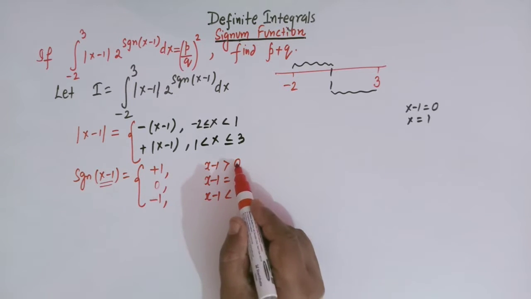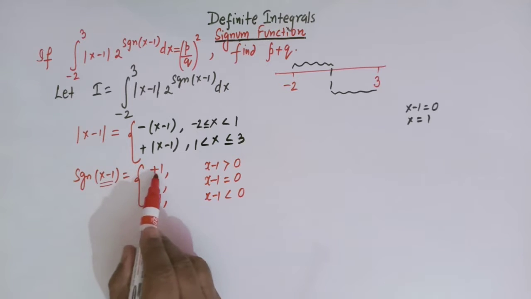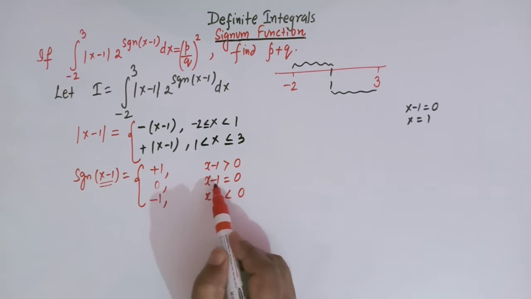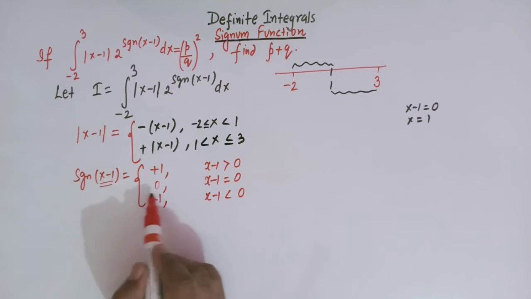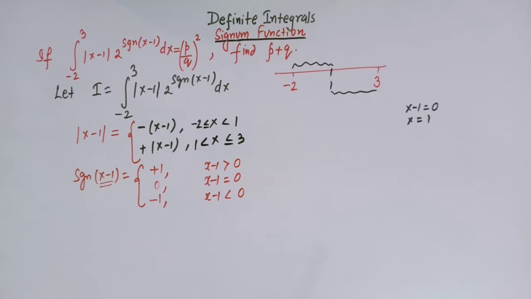So when these inequalities hold, signum takes the values plus 1 and minus 1 respectively, and 0 at x - 1 equal to 0.